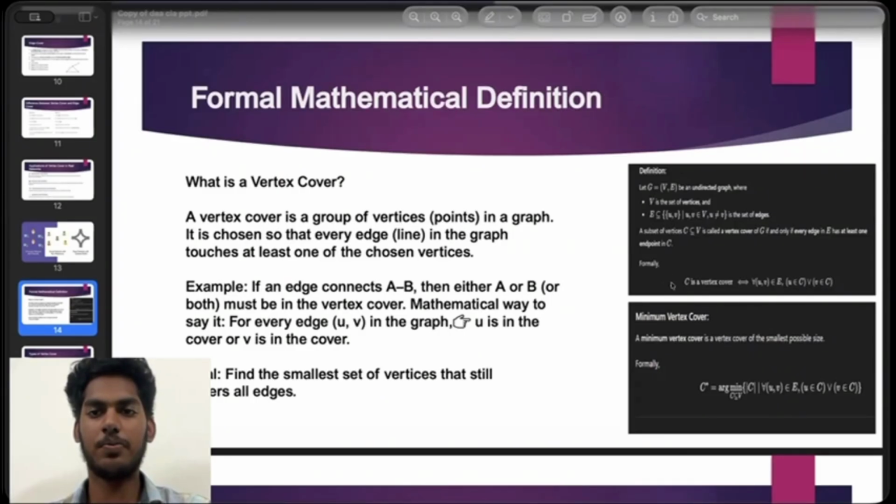Minimum vertex cover is NP hard. The decision version is NP complete. It is related to independent sets and approximable with factor 2, used in networks, social graphs, and compiler design.